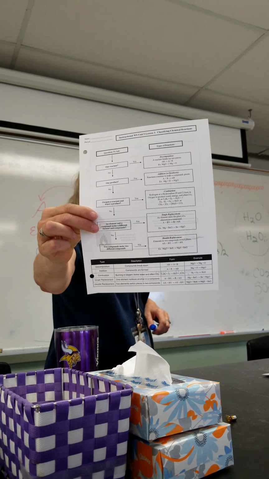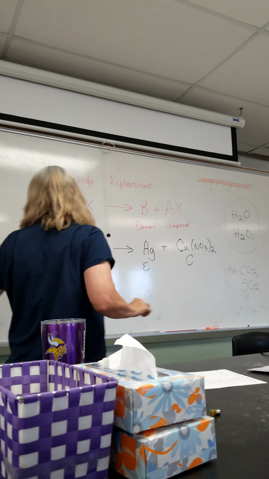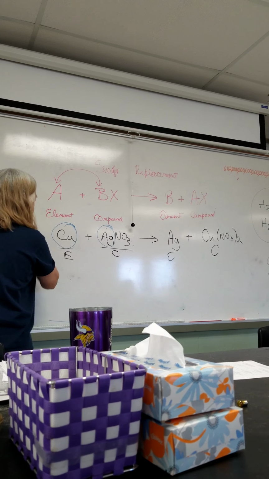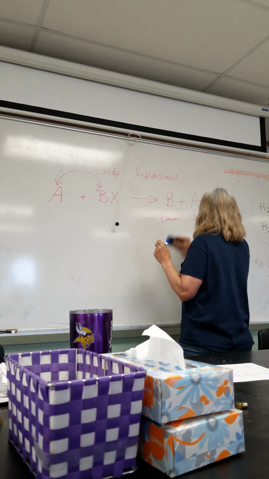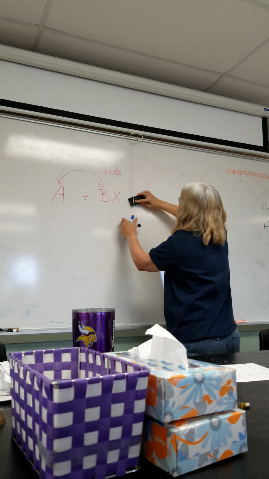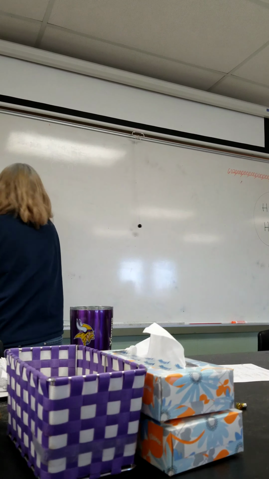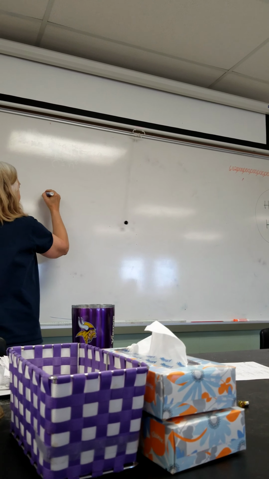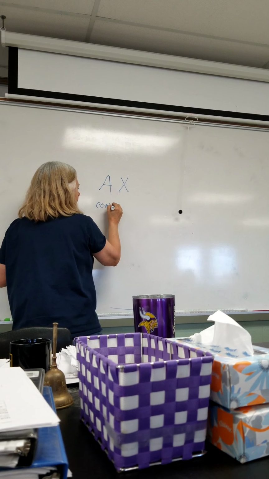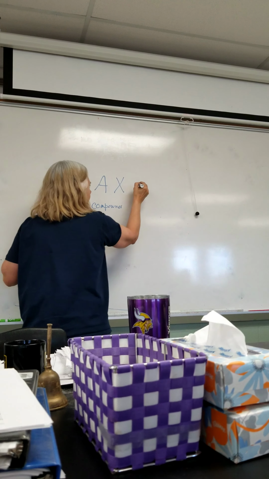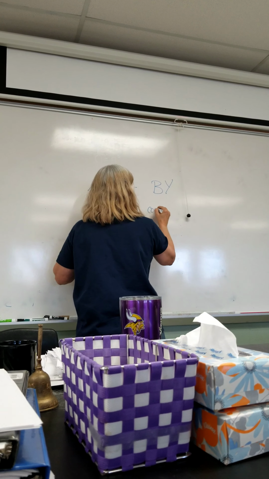Last but not least, double replacement. A double replacement reaction. These look complicated, but I think they're probably the easiest ones to deal with. And my favorite way of representing these is AX, which is a compound, plus BY, which is another compound.